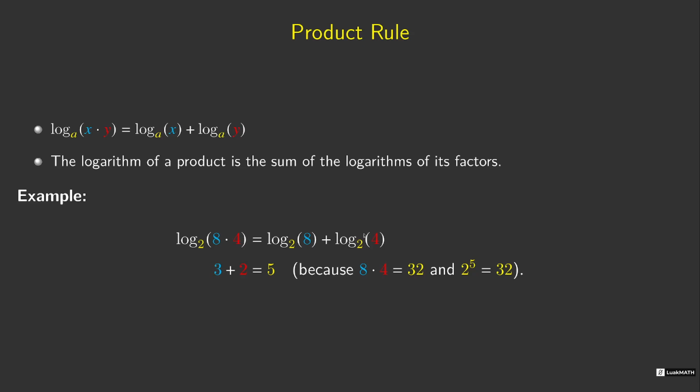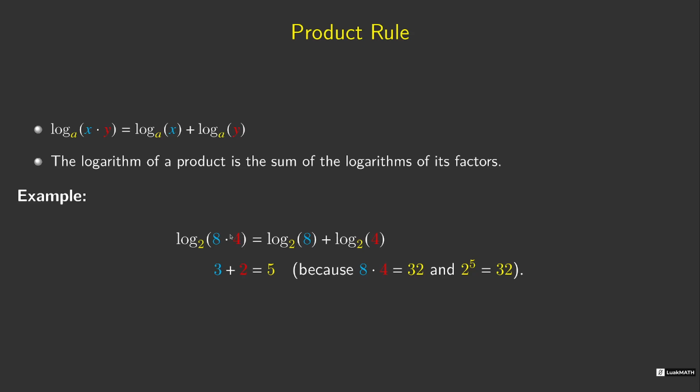Now the next term, log of 4 to base 2. I can write 4 as 2 squared. So I can drop the 2 to the front here. So it becomes 2 times log of 2 to base 2. And log of 2 to base 2 is 1. So that's why this term now is 2 here. So 3 plus 2 is 5.